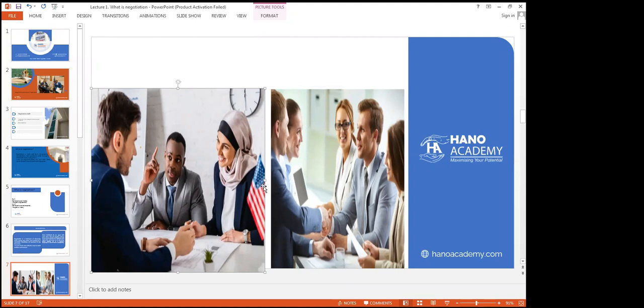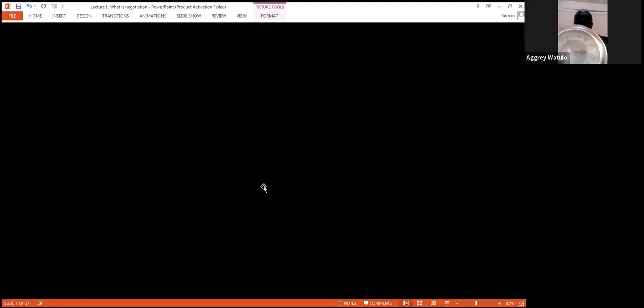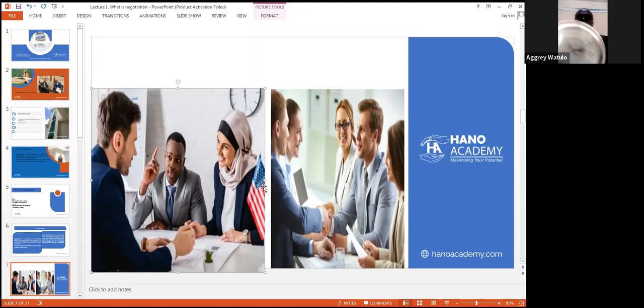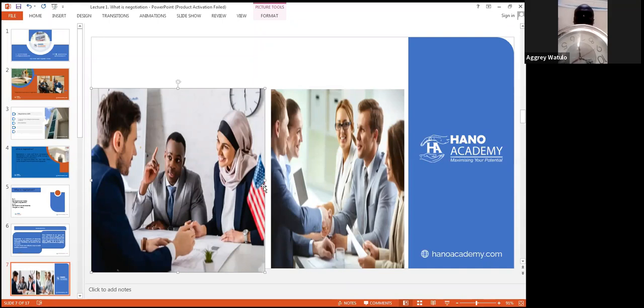You can see that these people are using the clock to show that negotiation is about time, keeping time, not being in a hurry, not rushing to finish early.